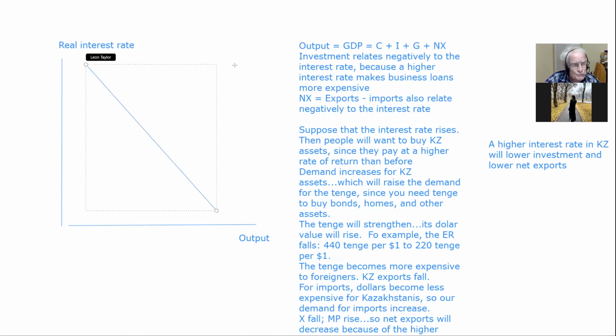So that is what the IS curve shows. It relates negatively output to the interest rate. Okay, good.